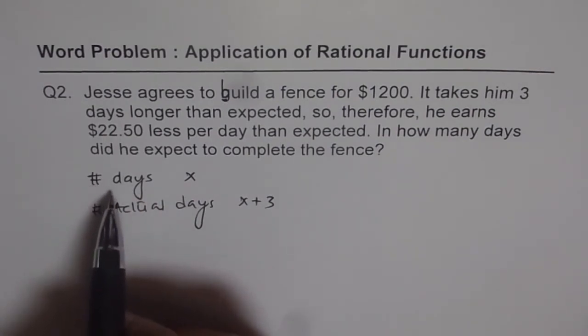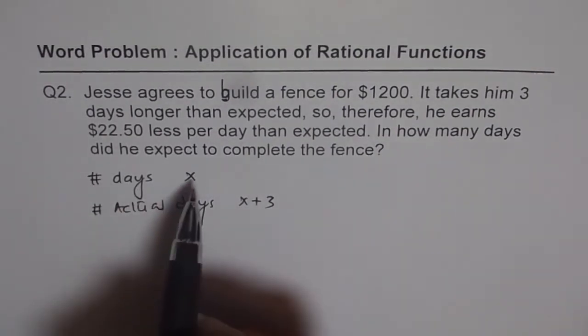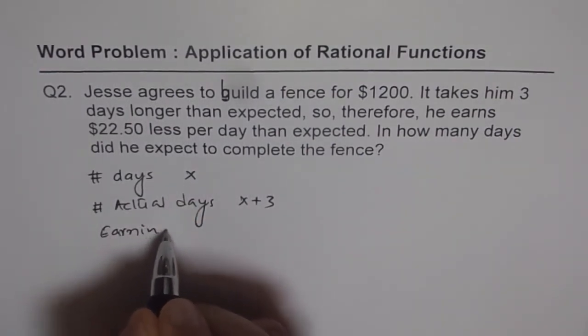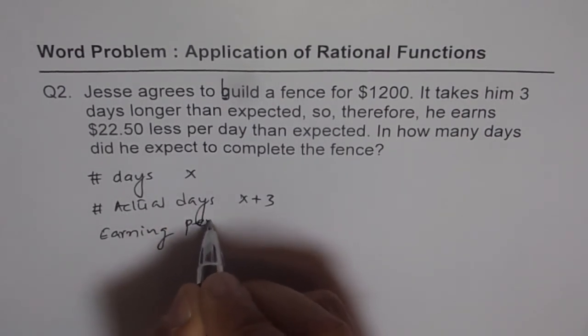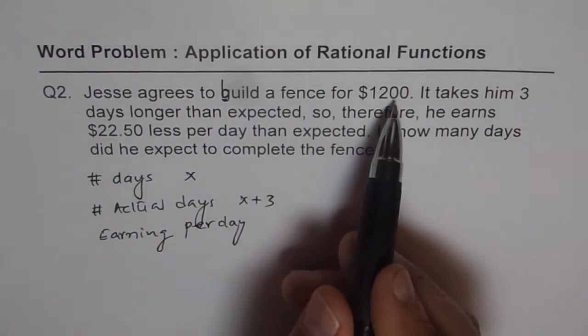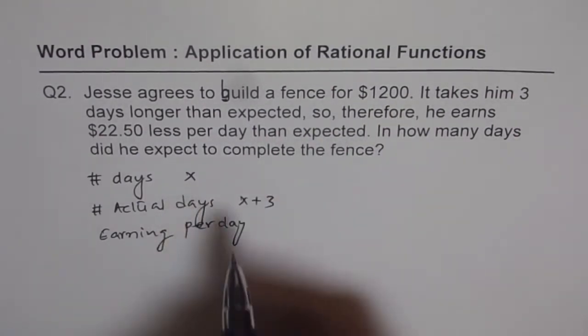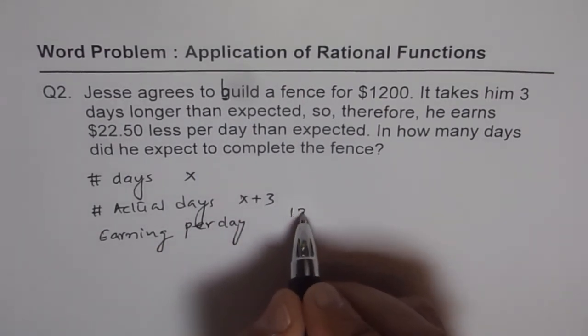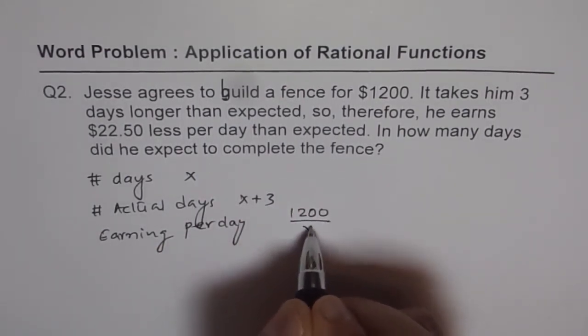If he would have completed the job in x days, what was the earning per day? It should have been $1,200 for x days. So the per day earning which was expected was 1200 over x.